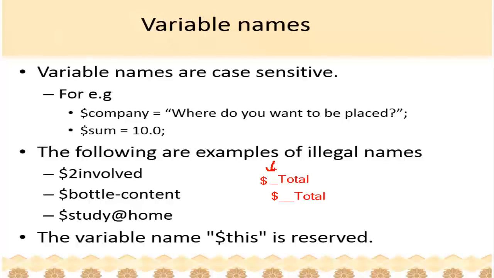The next one to be discouraged is when you put underscore underscore, or maybe 3 underscores or 4 underscores. It gets really difficult for others to understand how many underscores are there. Is it 2 or 3 or 1? And if it was not proper, they will end up creating their own variable.